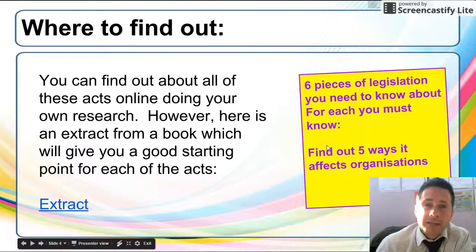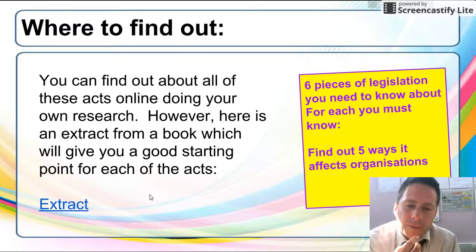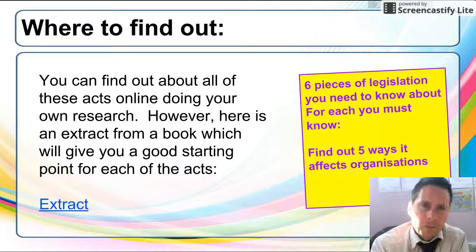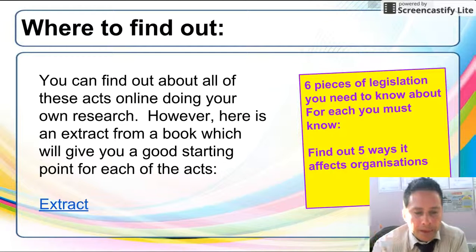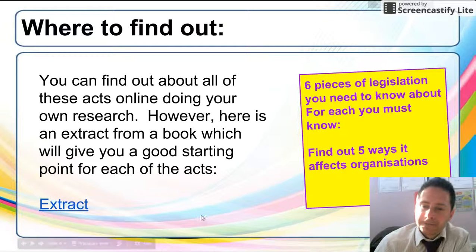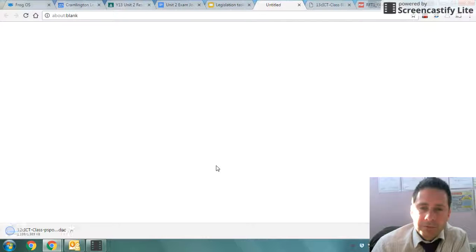So what you need to spend some time doing is going through that extract there, which comes directly from the coursework exam book. The textbook that comes from the exam board. This is direct from them. It's the things that they want you to know about. So let's just open that up and have a very quick spy. I'm not going to go through in masses of detail with you in this video.